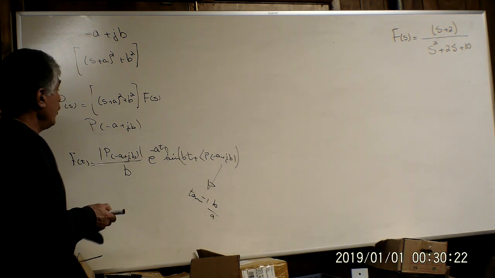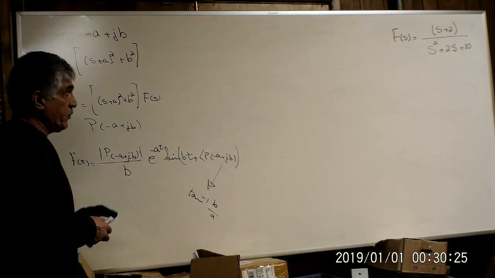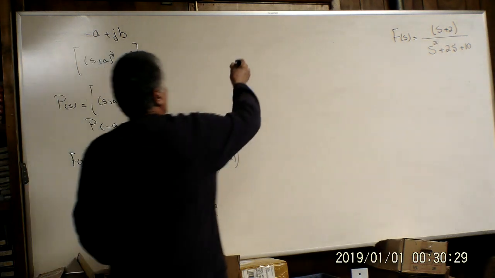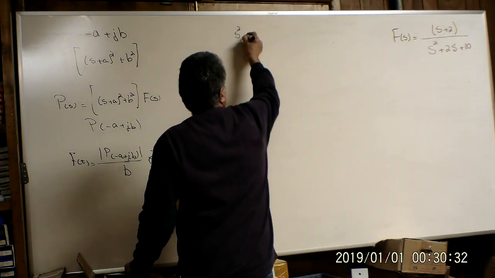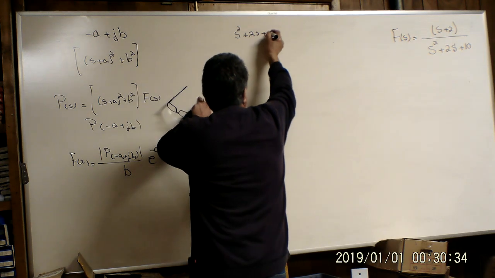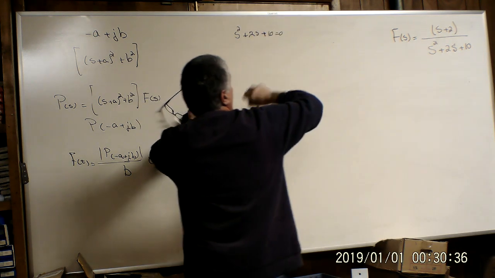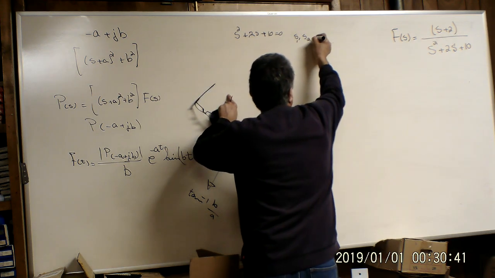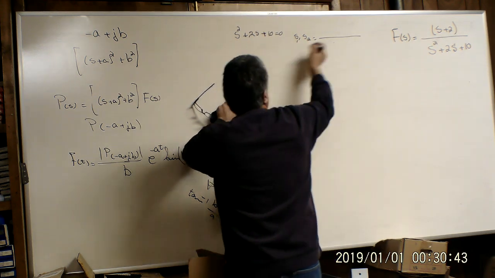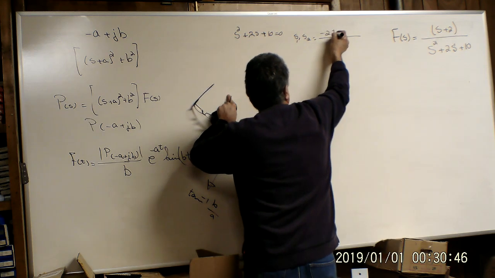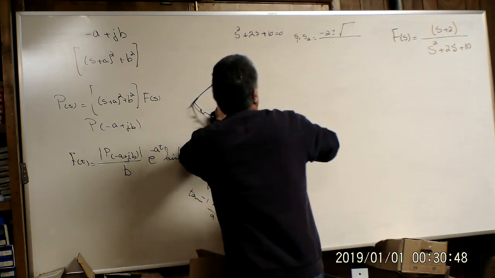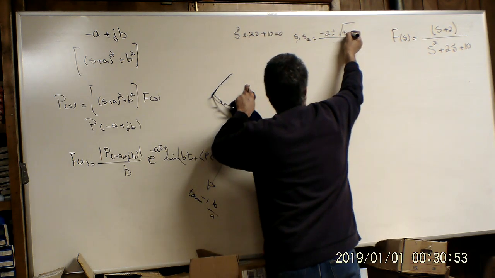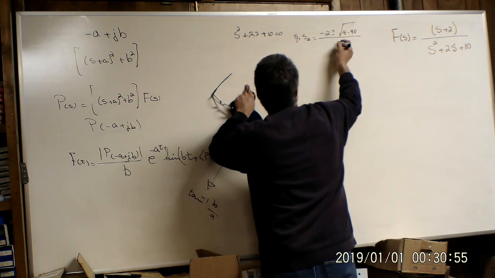So let's now use this and find the inverse Laplace transformation of that. The first step is to find the poles. So we set s squared plus 2s plus 10 equal to 0. Our poles s1 and s2 will be equal to minus 2 plus or minus the square root of 4 minus 40, divided by 2.